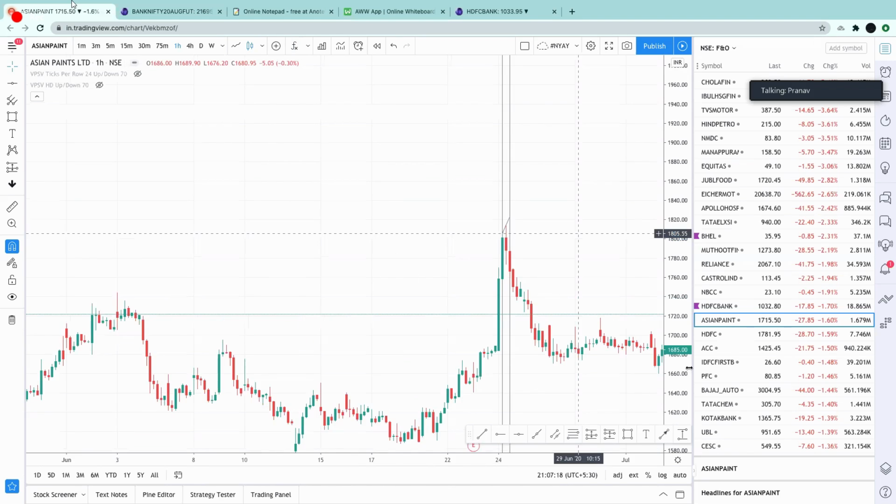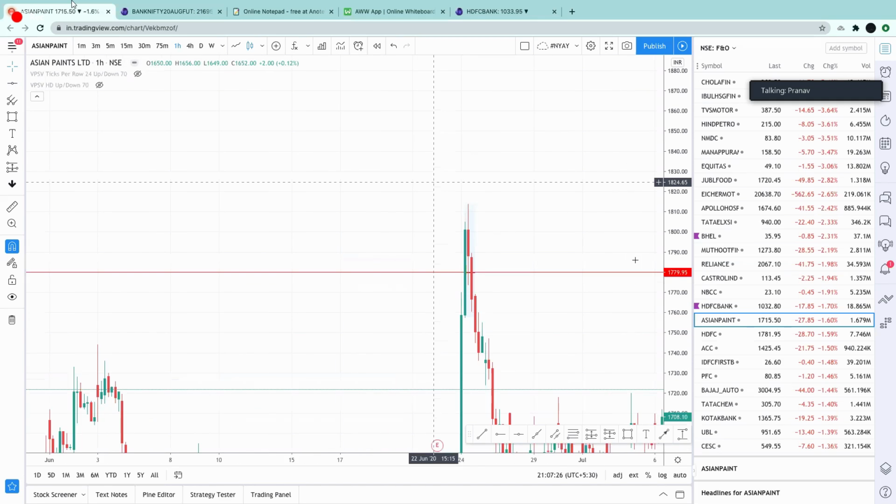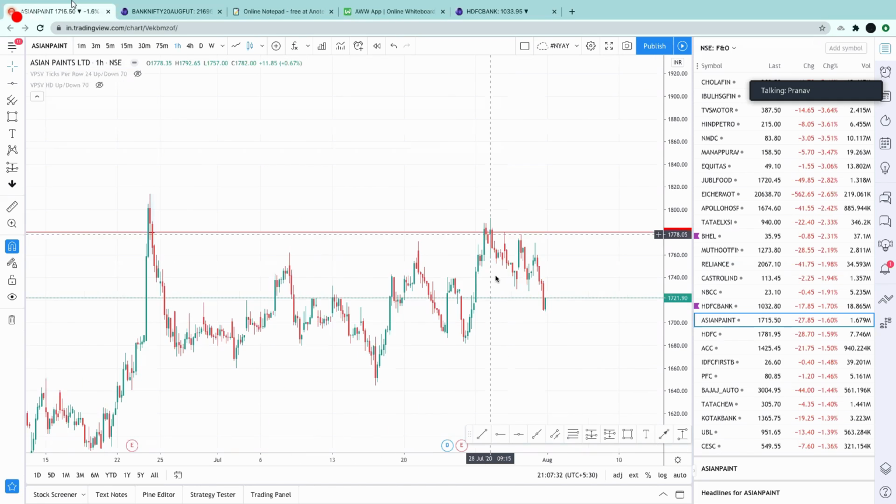This is the red horizontal line that you see. So I'm going to mark my line here, and I'm going to wait for price to return to this level, and you will see. This is on 28th of July. On 28th of July, we returned exactly to this price and rejected.